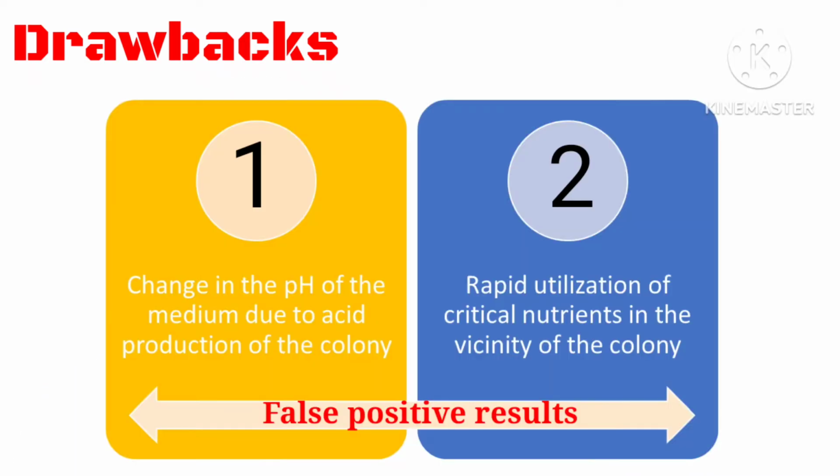Now let's check the drawbacks of this method. The appearance of a clear zone surrounding a colony does not necessarily indicate an antibiotic-producing microorganism, because the inhibition area around the colony can sometimes be due to other reasons, like a marked change in the pH of the medium due to acid production by the colony, or rapid utilization of critical nutrients in the vicinity of the colony.